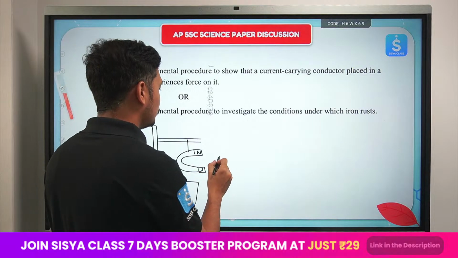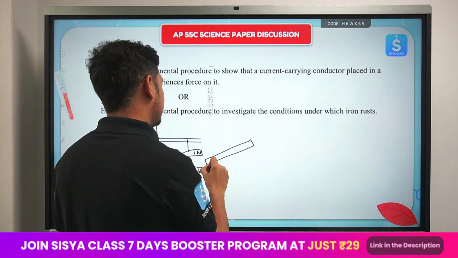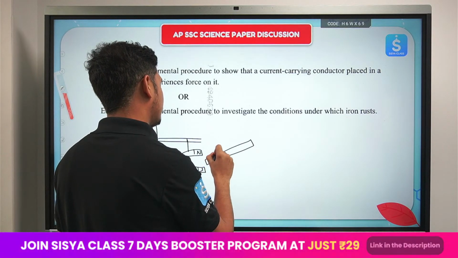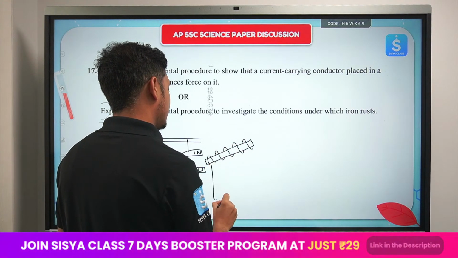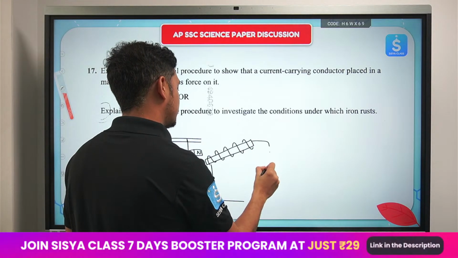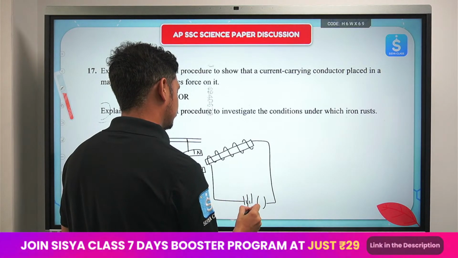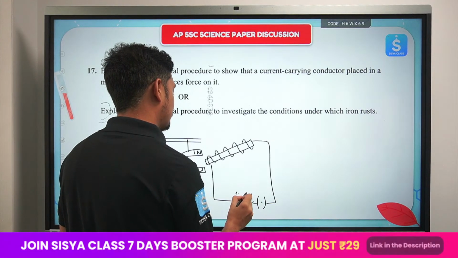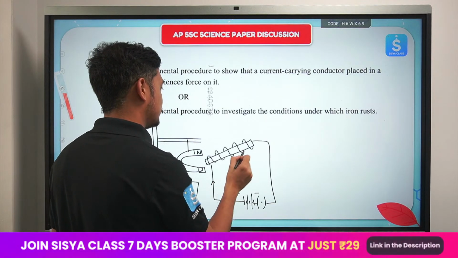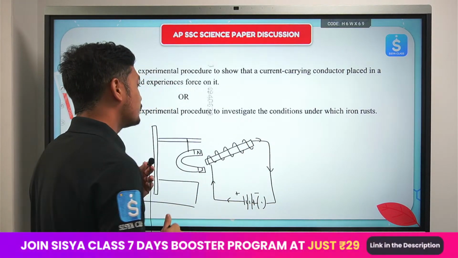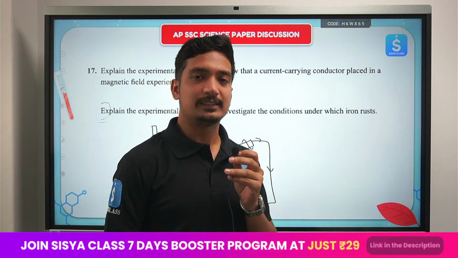Following that we'll have a rod or any object, and this rod will have insulated wires wrapped around it. Then here we'll have the wires connected to a power source and a switch. This will be the positive end and this will be the negative end, so the current will be moving in this direction. Now this is the apparatus that we will be creating to understand this experiment.